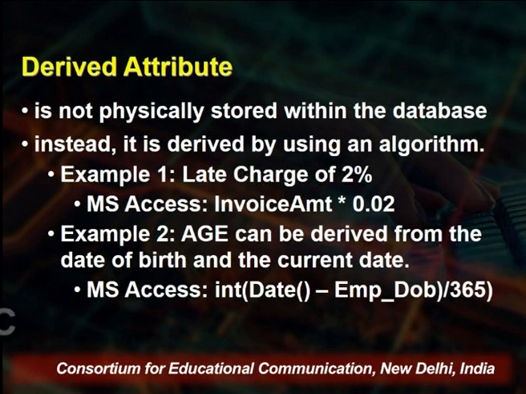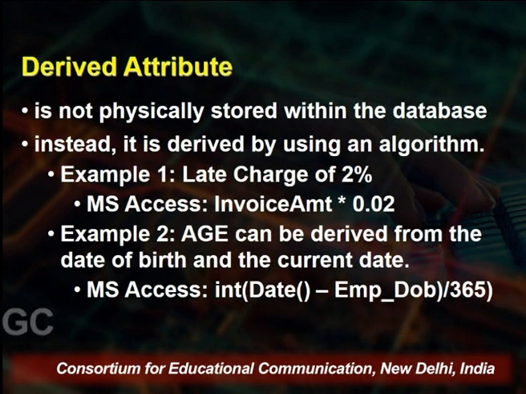So, in MS Access we will ask for the integer portion of the current date minus the employee date of birth divided by 365, because we are only interested in the number of years and the integer part of that.